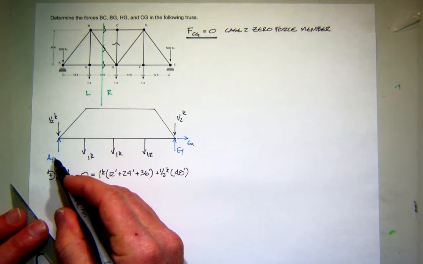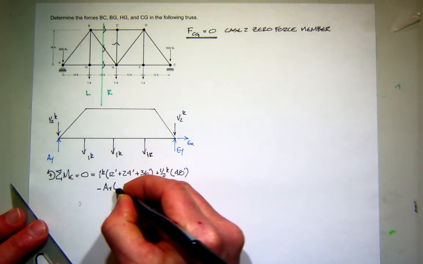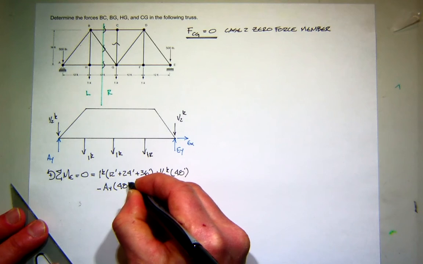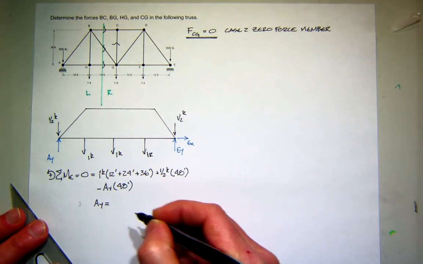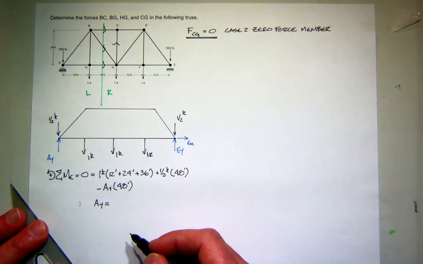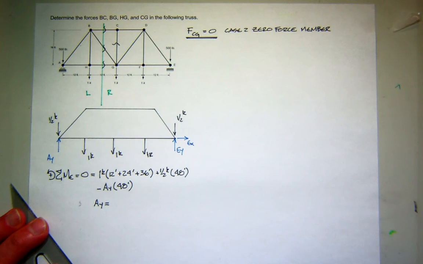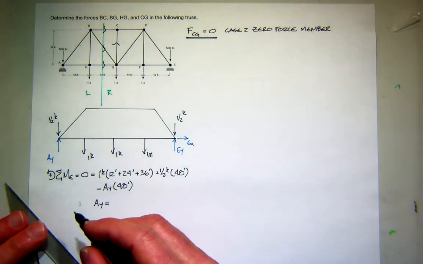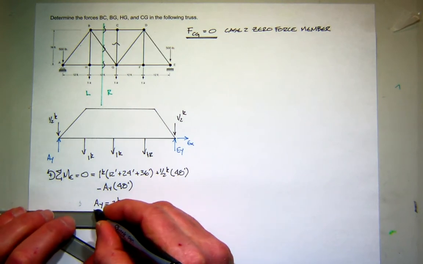And then I have AY, which creates negative moment, and its moment arm is 48. I think AY is going to be 2. But you guys should check that equation. Get 2? Yes. Excellent.